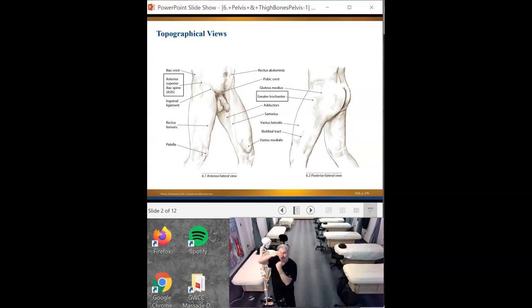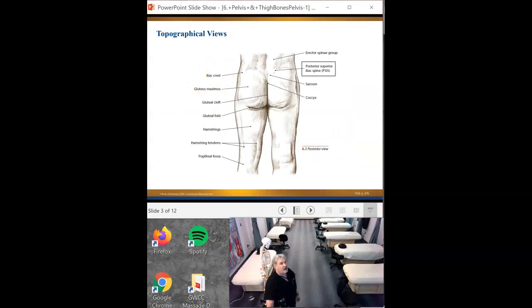And the anterior superior iliac spine lets me know where the hips are. And I care where those are because the muscles are in between, and I'm often digging out the muscles from in between. That's why I care. On the back, I care about the posterior superior iliac spine because it helps me find what joint.